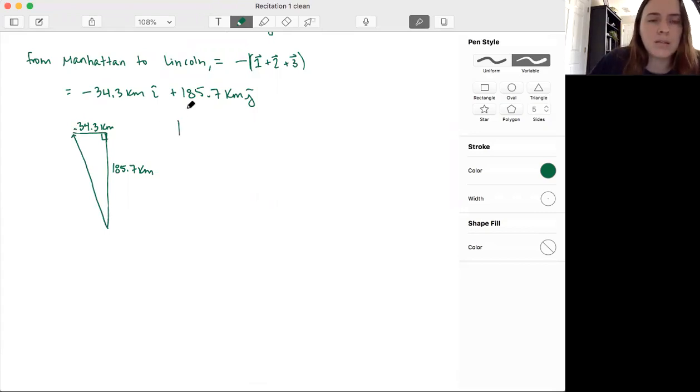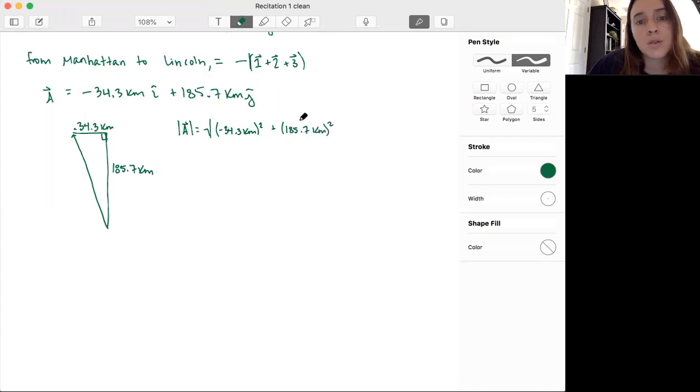So the magnitude of the answer is the square root of negative 34.3 kilometers squared plus 185.7 kilometers squared.